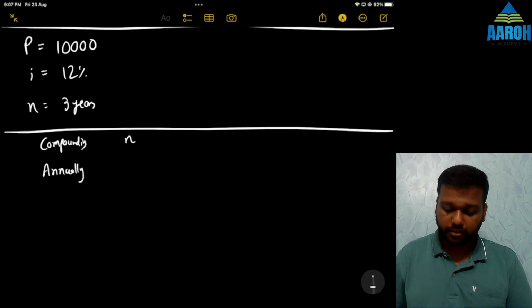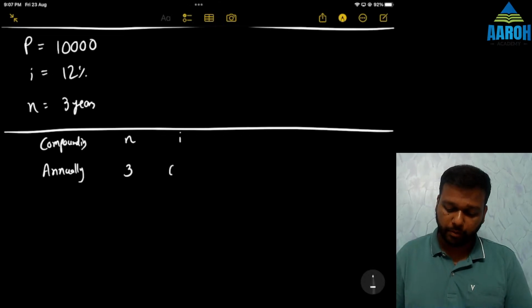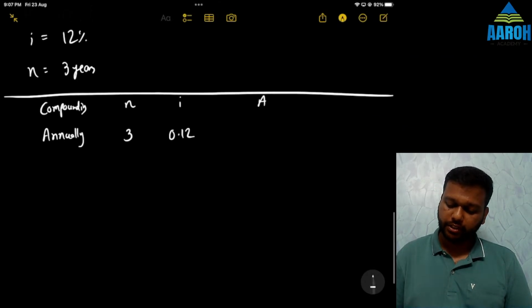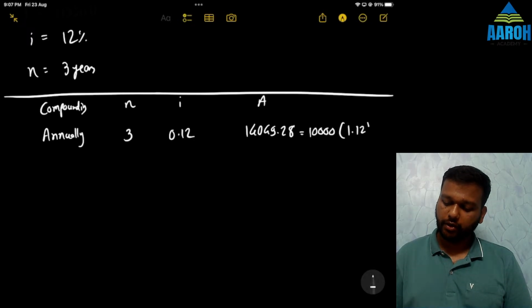Number of years, so it was 3. What was I? Interest rate per year, so it was 12% or 0.12. So we calculated our amount as 14049.28, or I'll just write calculation here, 10,000 into 1.12 raised to 3.